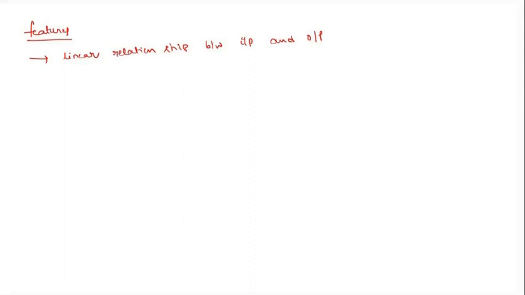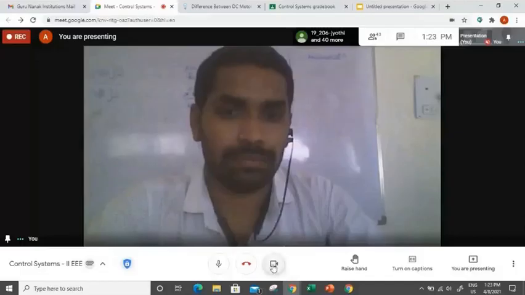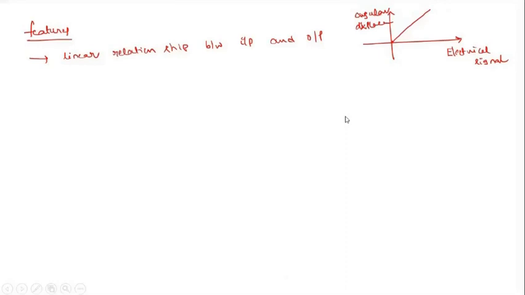Linear means it starts from the origin; it is a straight line passing through the origin. Here the input is electrical signal, and the output is angular displacement. So that is the first feature.